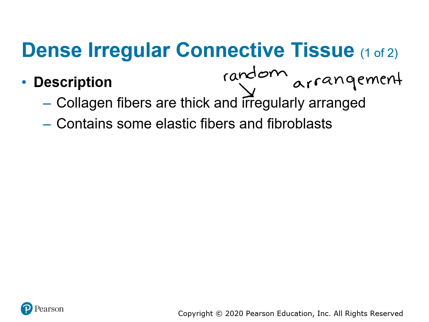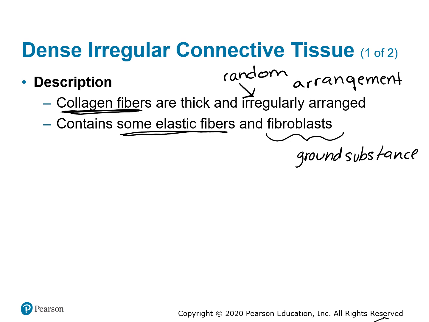Dense irregular connective tissue has some elastic fibers here and there, but it's mainly those thicker collagen fibers, and it does also contain some fibroblasts, and that fibroblast helps to make up that ground substance. This irregularity in the patterning allows for movement in many different directions.